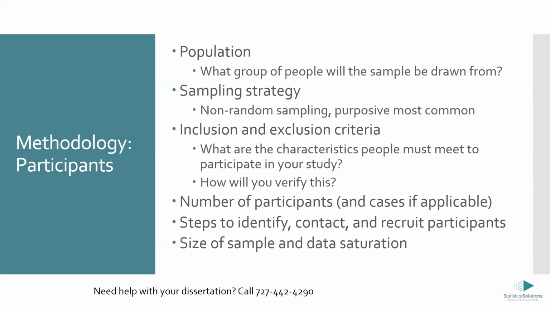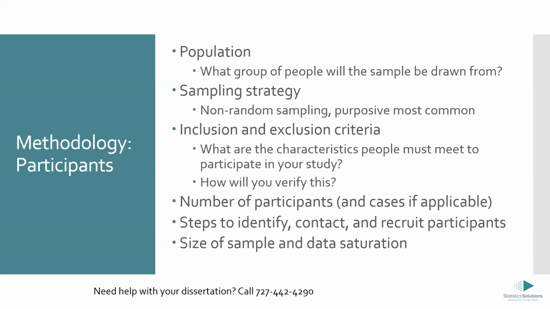So again, if we go back to our 12th grade English literature implementing new curriculum study, you could think through what the characteristics of your participants might look like. They would need to be 12th grade English teachers. They would need to be in the school district under study. They would need to have implemented this new curriculum.